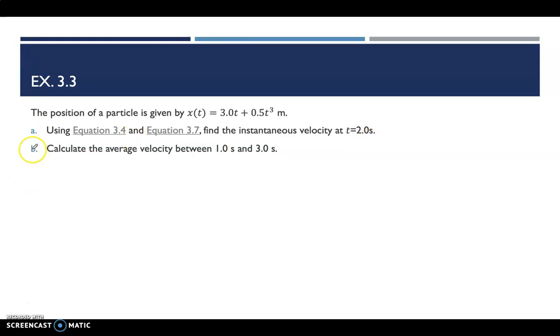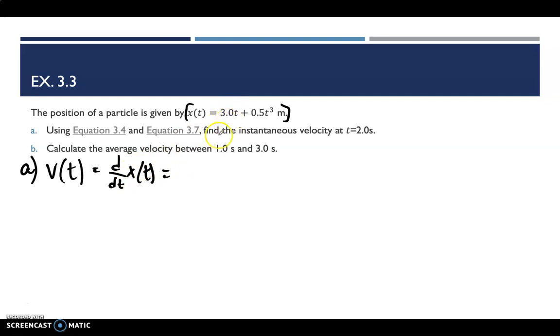So for A, we want to find the instantaneous velocity, so we need to take this equation and determine the velocity. So v of t is equal to d/dt of x of t. So we take the derivative.